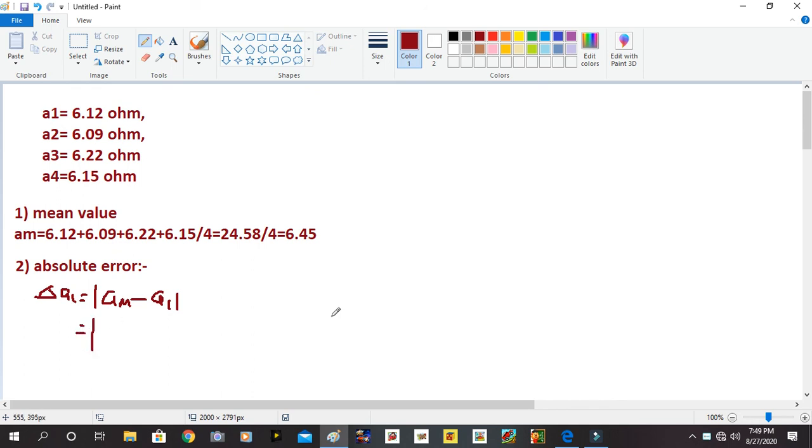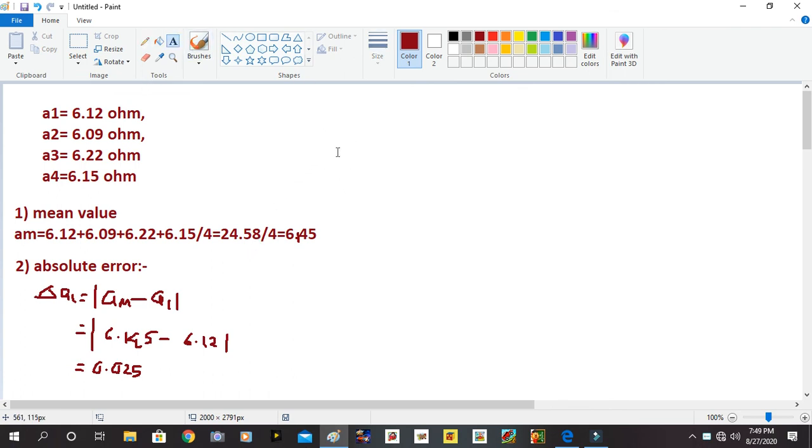Here AM is, sorry, I have written wrong, it is 6.145, minus A1, which is 6.12. Do the subtraction. Then what will you get? 6.145 minus 6.12 is equal to 0.025. Similarly, you will find delta A2, delta A3, delta A4.